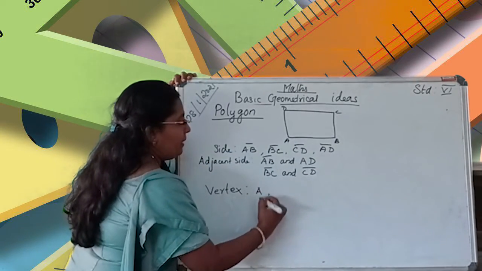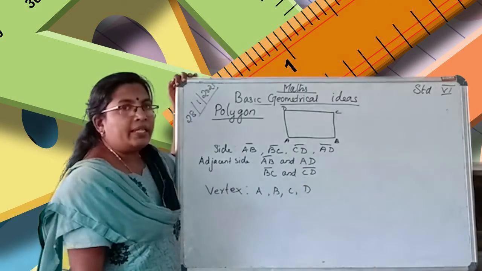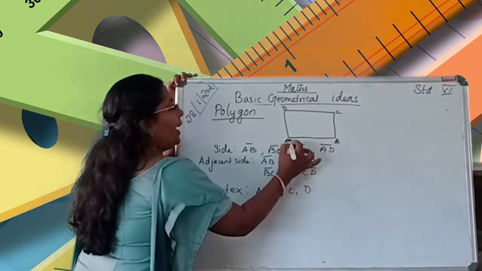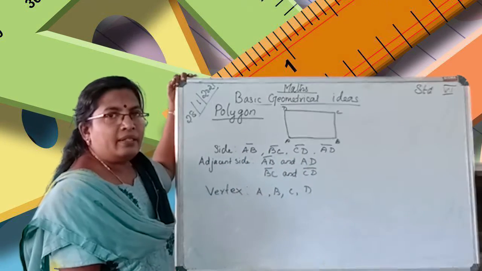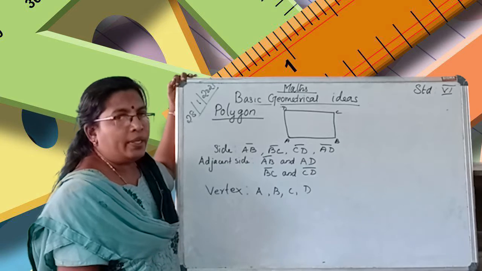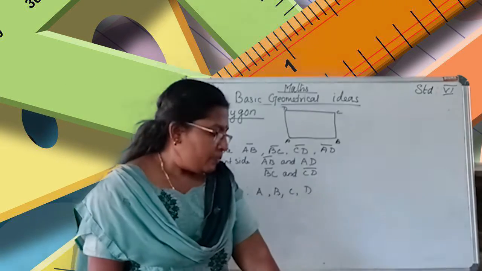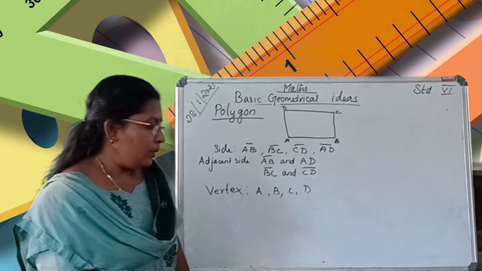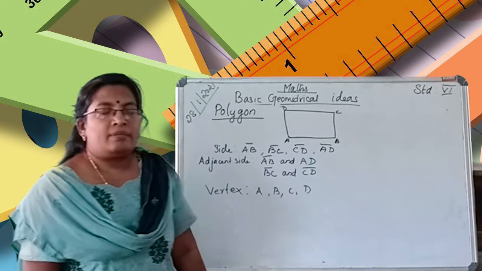A, B, C, D are the vertices. For AB and AD there is one vertex A. That is the common point, the vertex. Next is adjacent vertex.